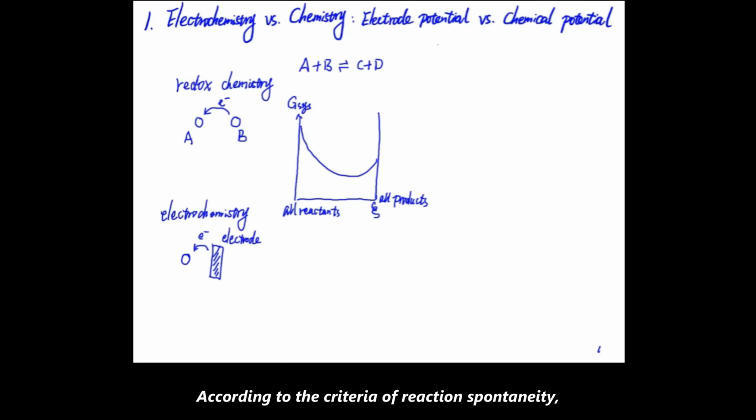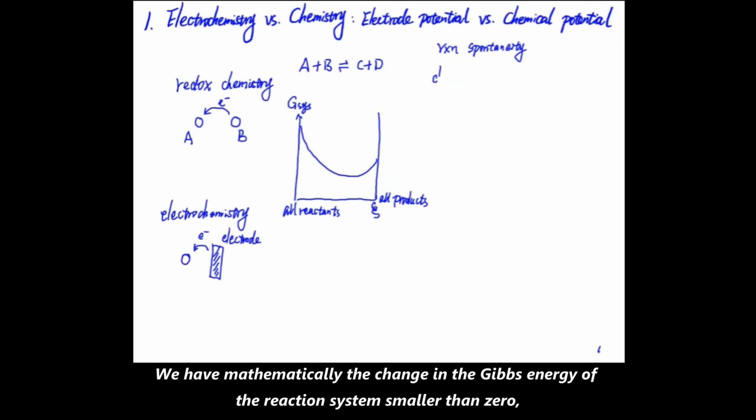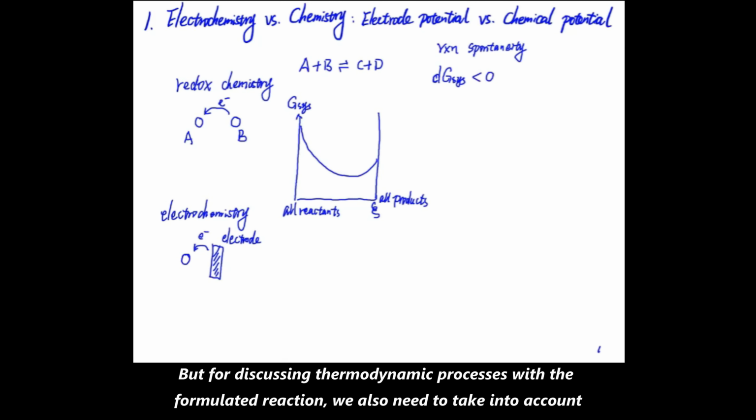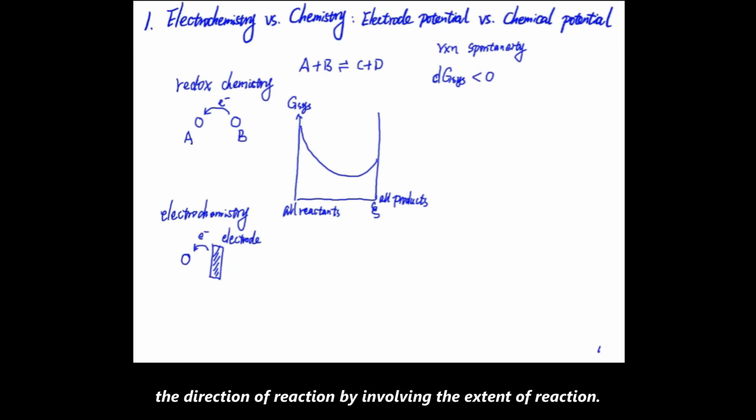And according to the criteria of reaction spontaneity, we have mathematically the change in the Gibbs energy of the reaction system smaller than 0. But for discussing some dynamic processes with the formulated reaction, we also need to take into account the direction of reaction by involving the extent of reaction.